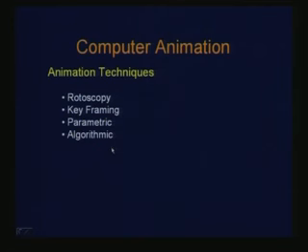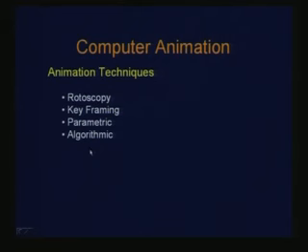One is rotoscopy, then keyframing, then we have parametric animation and then algorithmic animation. This covers a spectrum of various techniques which we may have for animation. Let us see each one of them in more detail.